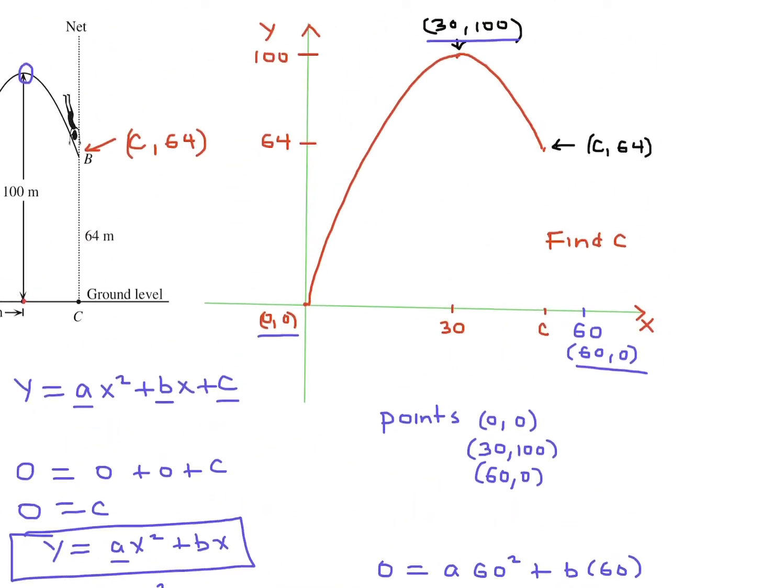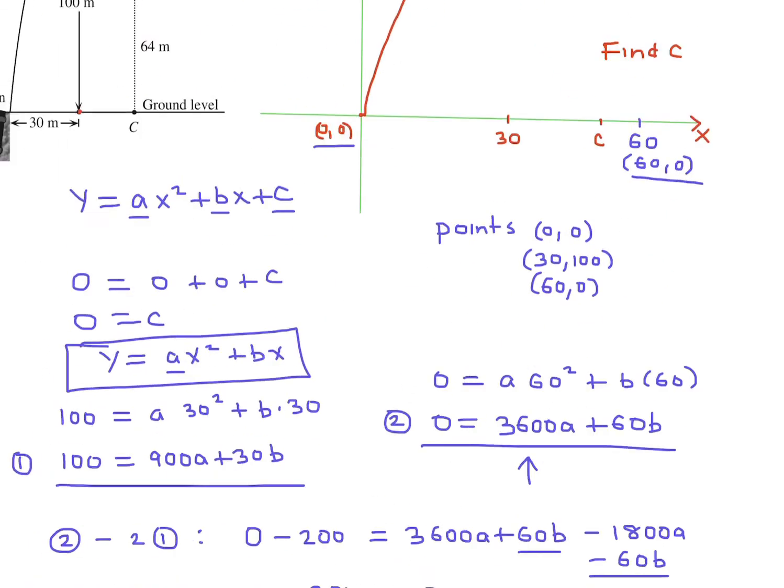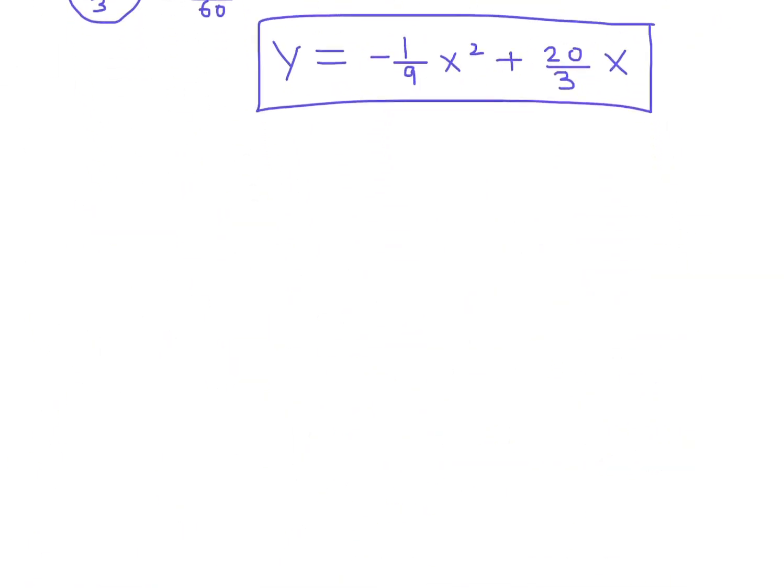We have to figure out c, right? (c, 64) is a point on the graph, c being the x-coordinate and 64 being the y-coordinate. So just plug that back into our parabola equation and we should be able to get c. So c is our x-coordinate, so I'll put that in there. And our y-coordinate was 64, correct?